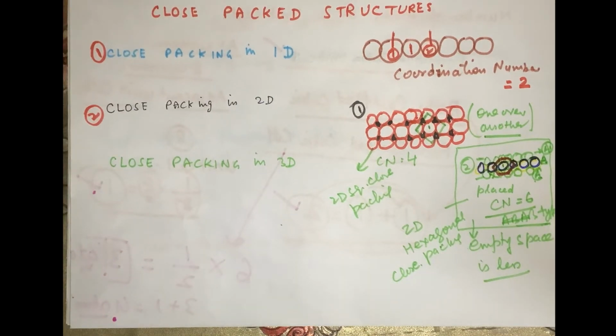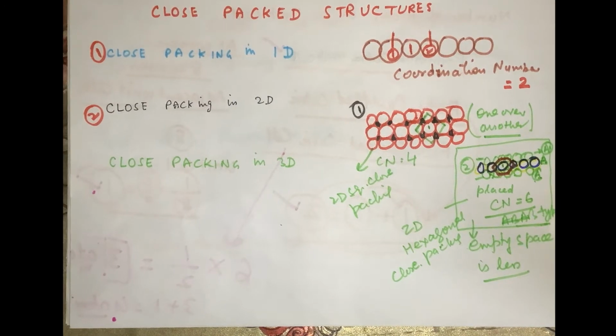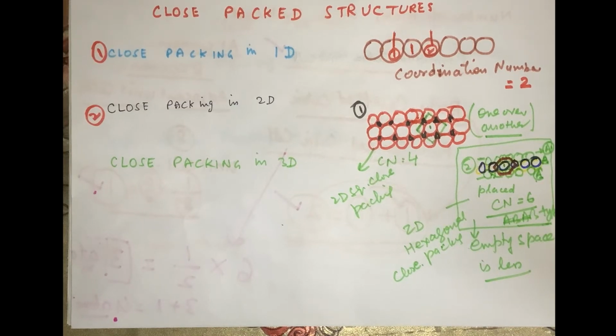In 3-dimensional, close packing in 3 dimension, because all the real structures, they are 3-dimensional. Then what happens if we look at the 3-dimensional close packing?